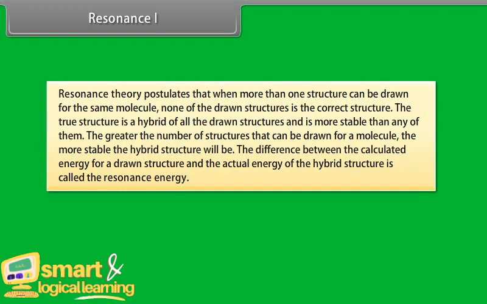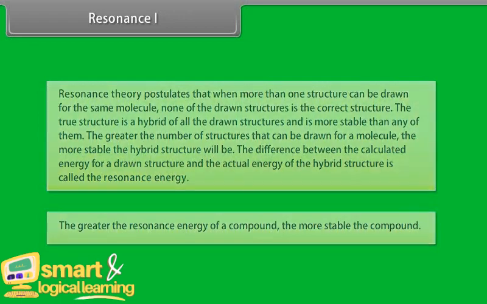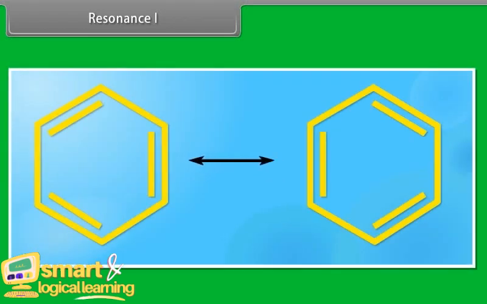The difference between the calculated energy for a drawn structure and the actual energy of the hybrid structure is called the resonance energy. The greater the resonance energy of a compound, the more stable the compound. The two Kekulé structures that can be drawn for the benzene molecule are actually two resonance structures.